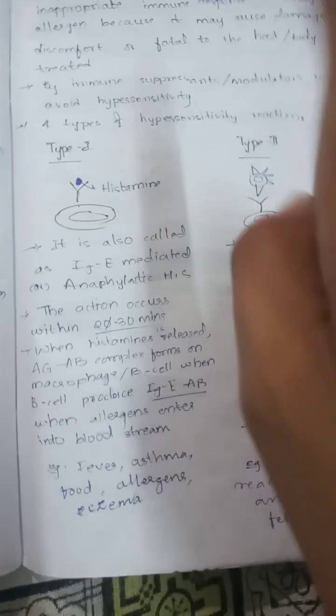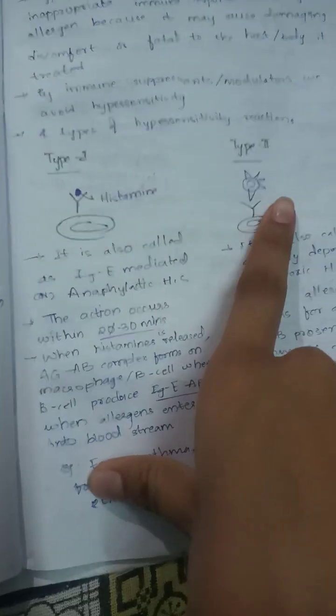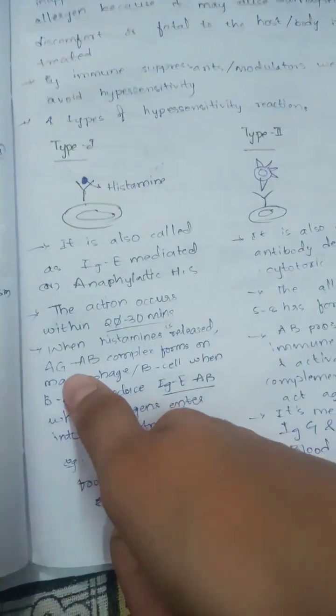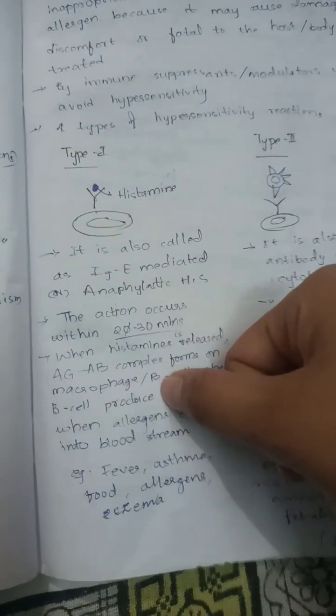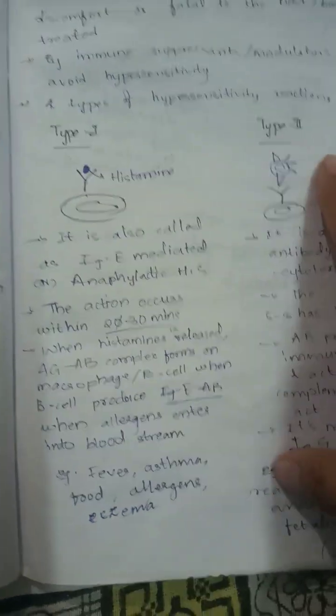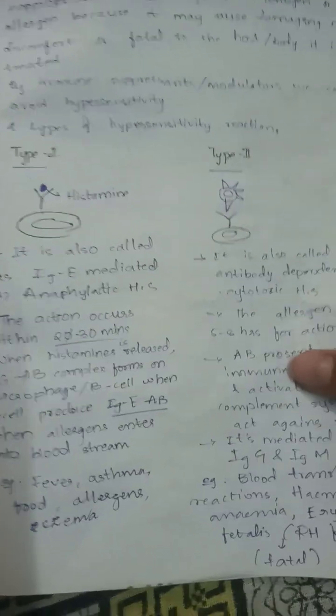And type 1 hypersensitivity is caused due to histamine. When allergen enters into the body, histamine is produced and it forms a complex with antibody which causes this type 1 hypersensitive reaction. Examples are hay fever, asthma and food allergens, eczema. It is also called IgE mediated or anaphylactic hypersensitivity.